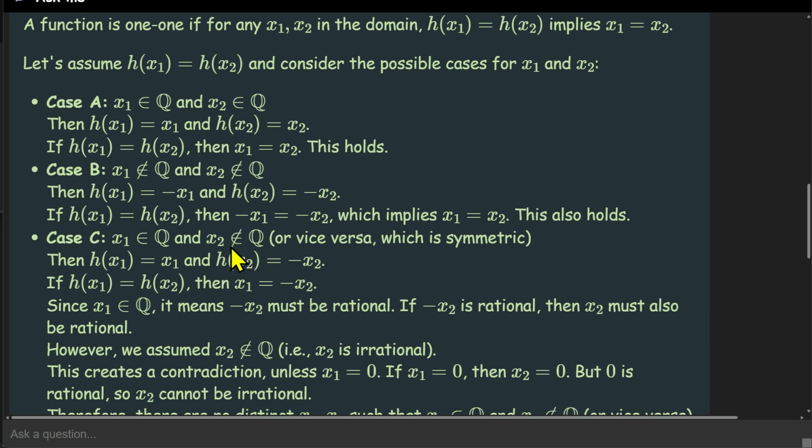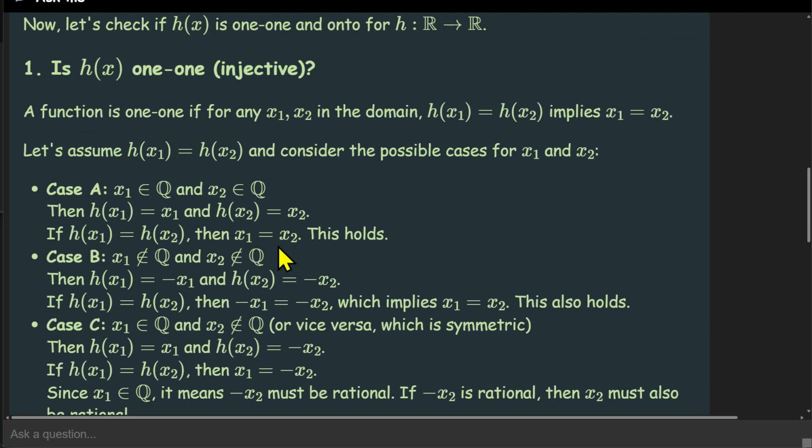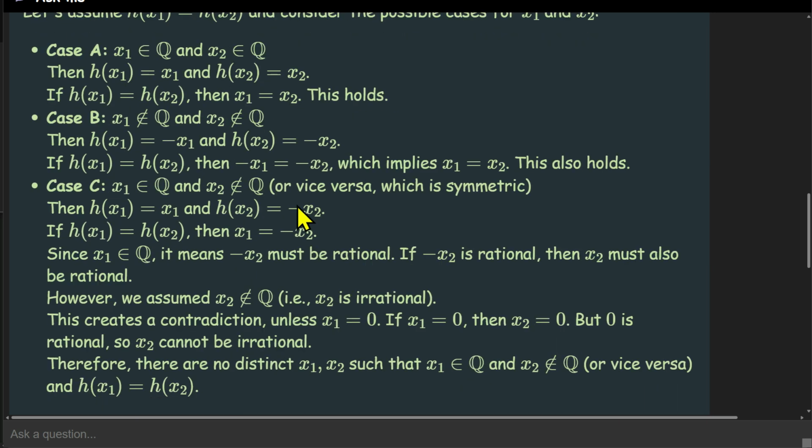x1 belongs to Q, x2 does not belong to Q. मतलब ये Q के हिसाब से है रैशनल नंबर. तो इक्वल लिया तो x1 इक्वल टू माइनस x2 था. मतलब x1 belongs to Q, it means x2 must be rational. If minus x2 is rational, then x2 must be rational. So x2 does not belong to Q, so x2 is irrational.